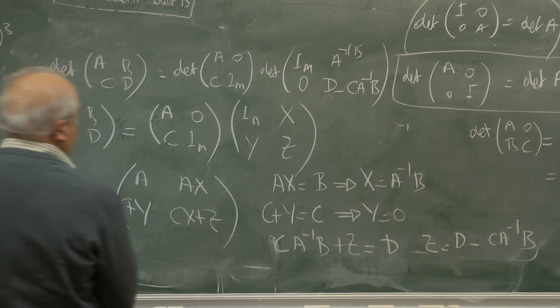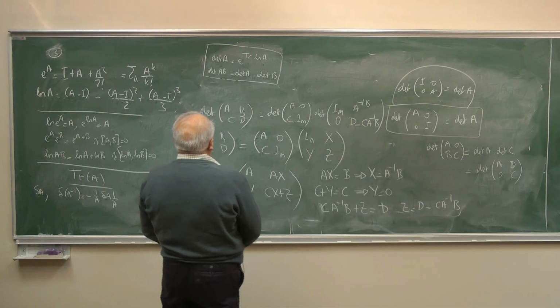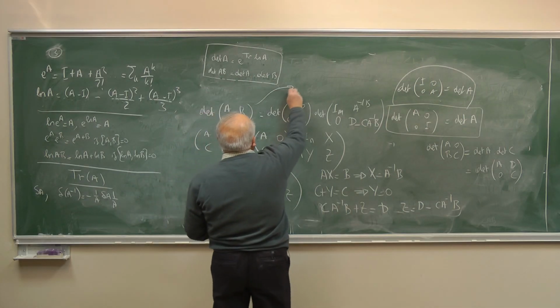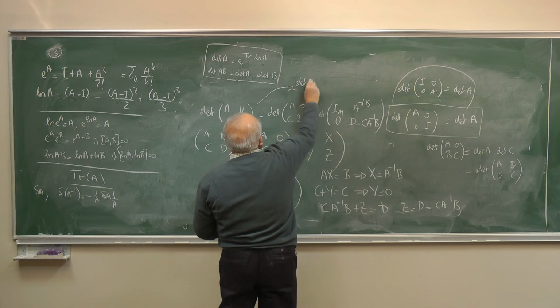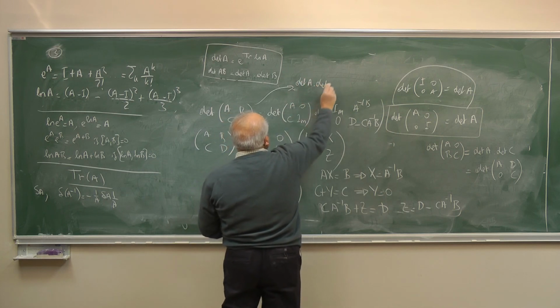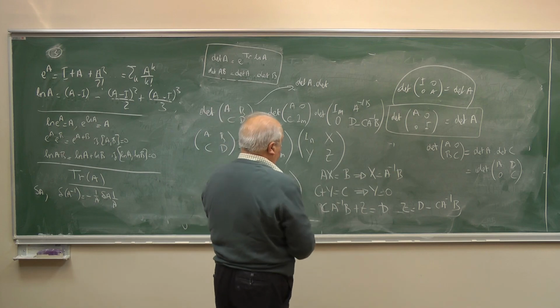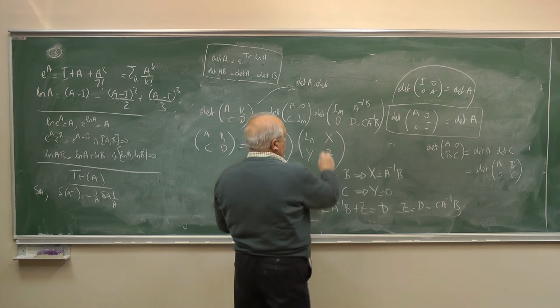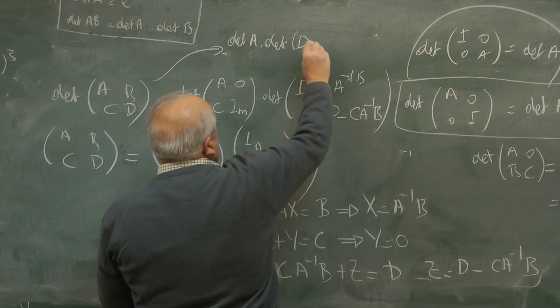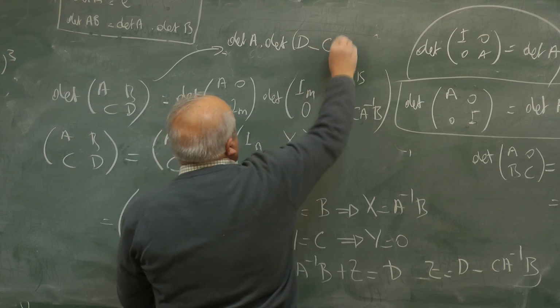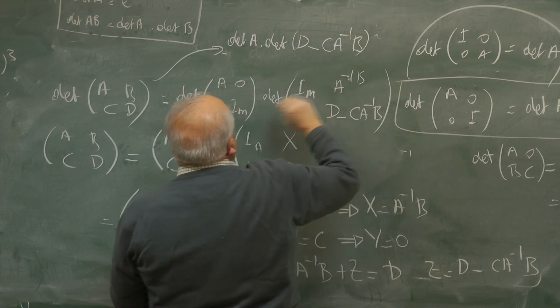So the determinant of A, B, C, D is equal to determinant A times the determinant of Z, which is D minus C A inverse B.